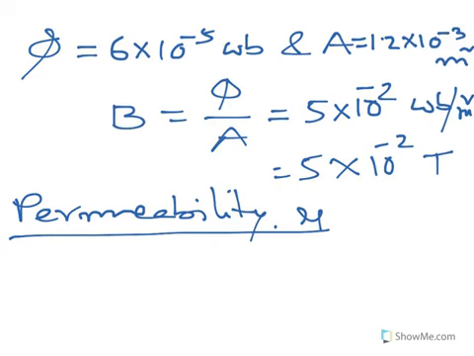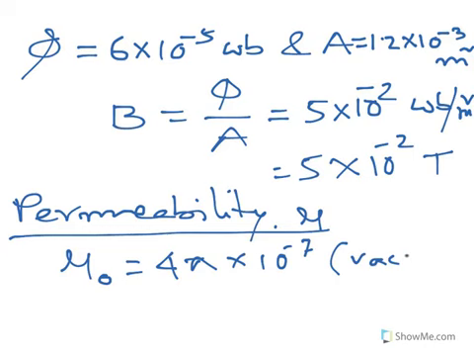The permeability of free space or vacuum is 4 pi into 10 to the power minus 7 for vacuum or any free space. The unit is Weber per ampere meter.